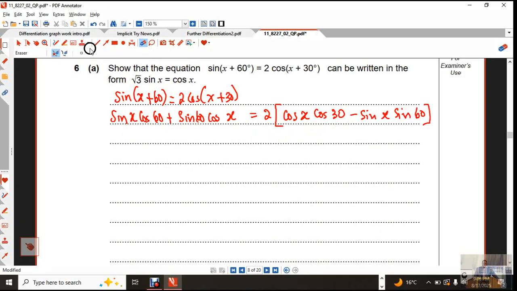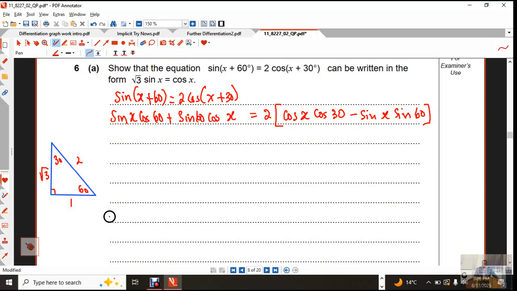Now, you should be a little bit familiar with your special angles. If you have a triangle here that is 90 degrees, and that is 60 and that will be 30, the 2 will be over here, 1 is over here, and that will be root 3.